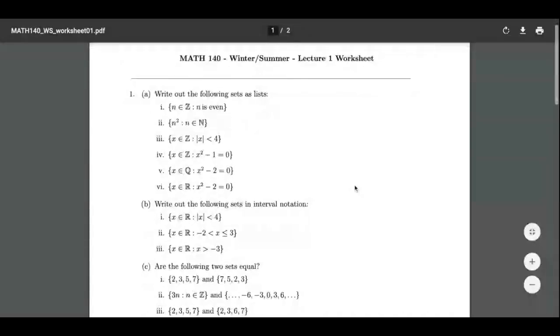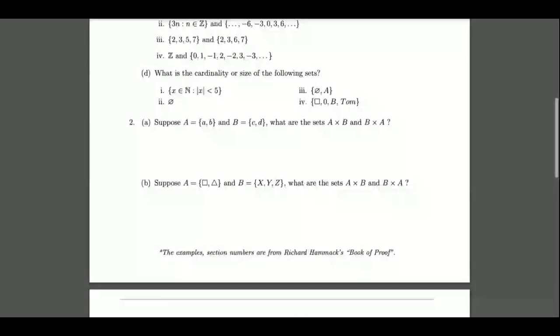Okay, now let's see the classwork. Classwork connections. All right, let's see.